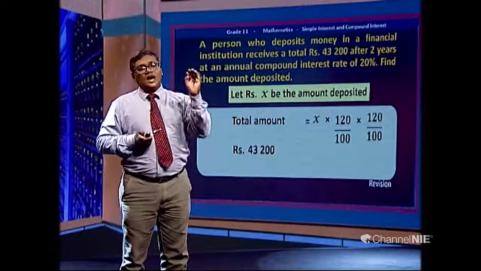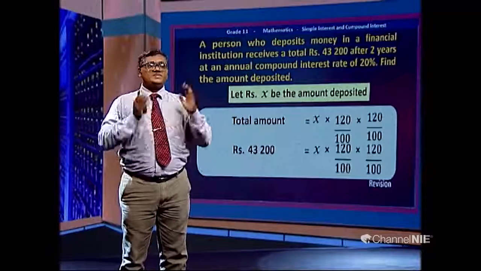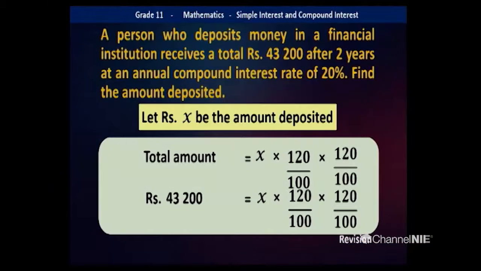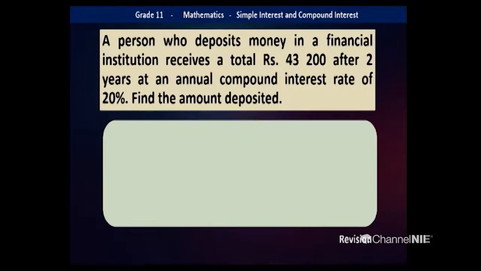Then how to find x? x into 120 upon 100 into 120 upon 100 equals 43,200. Simple mathematics, like solving simple equations. To remove 120 upon 100, you take the reciprocal of it.